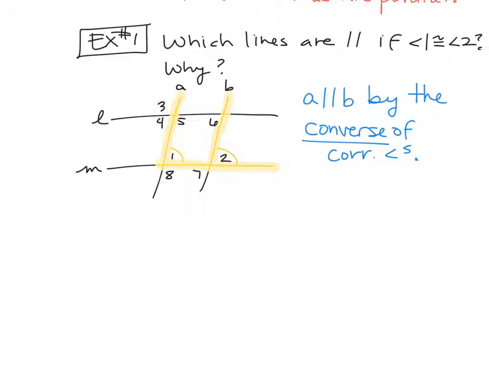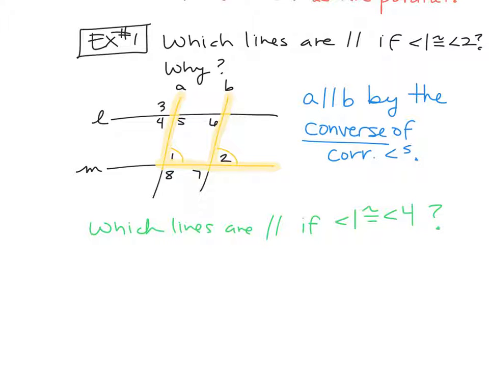Okay. Same picture. What if I say angle 4? No, let's do it this way. Which lines are parallel if angle 1 is congruent to angle 4?